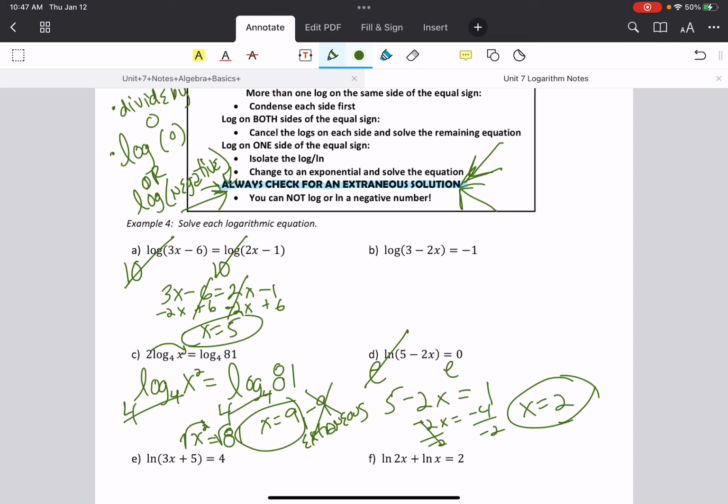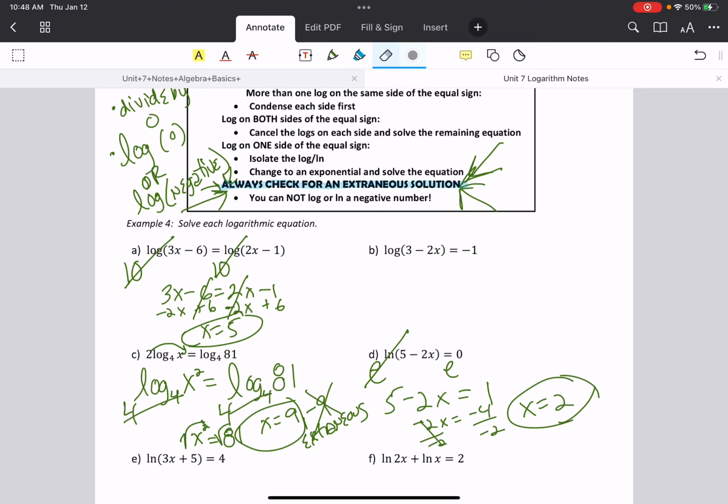If you're lazy and you forget about the minus 9 part, yes, Nathan, you're lucky on these ones. But that's not always the case. Because I can't take the log of a negative number. So when the negative 9 is plugged back in, I end up with the log base 4 of a negative number.